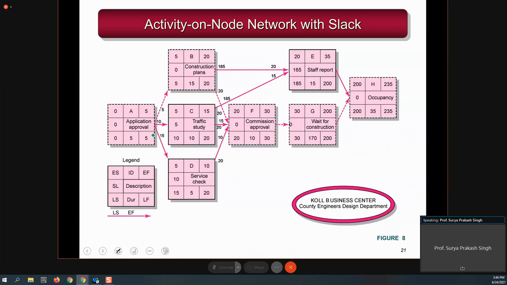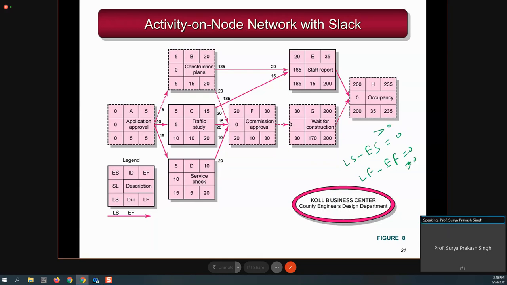Now this slide is showing all the data together: early start and late start, early finish and late finish. If you look very carefully, you will come to know that there are a few activities where the difference between late start and early start, and late finish and early finish, is 0, or in some cases greater than 0.